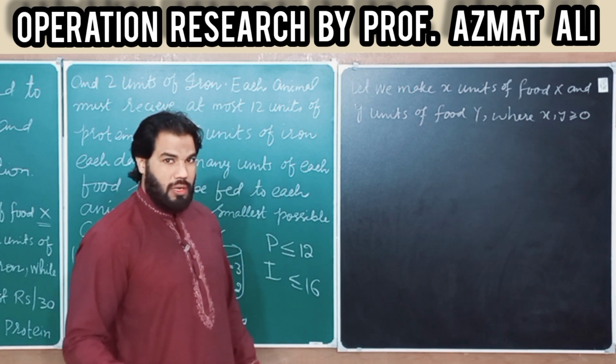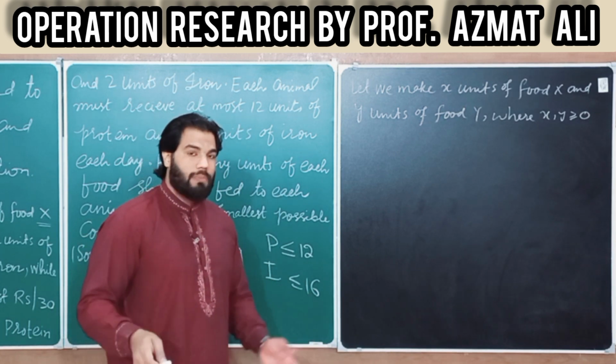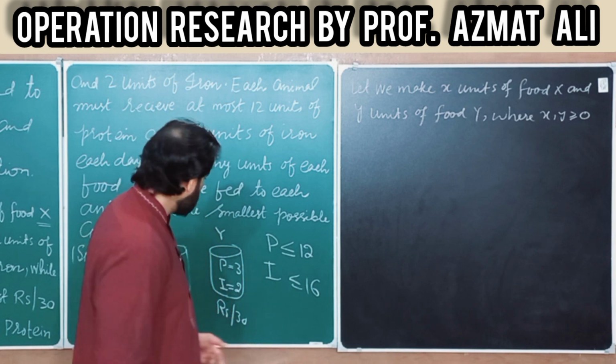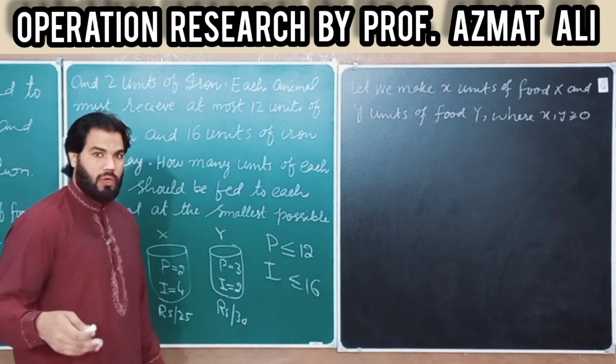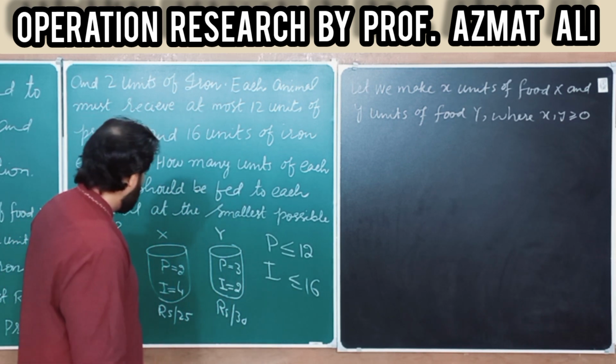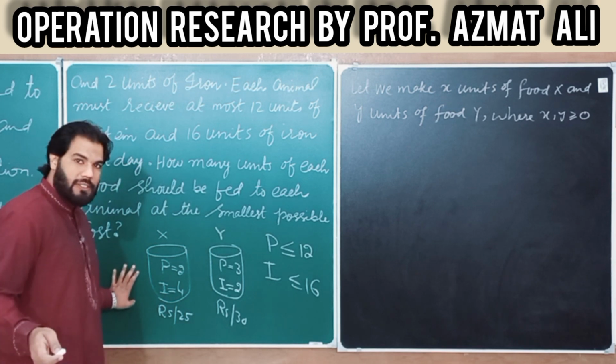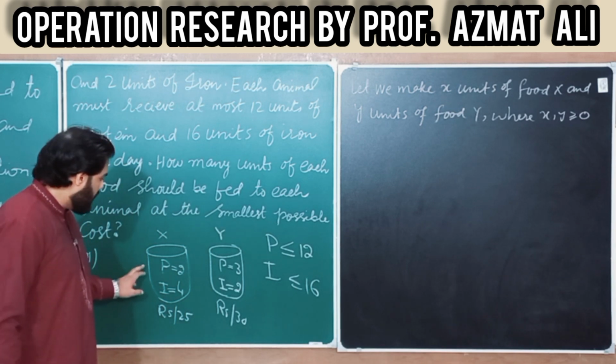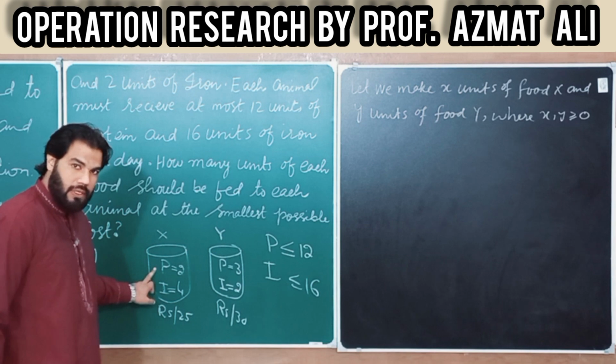Now in our linear programming model, firstly we make our objective function, then there will be two inequalities. One inequality will be related to protein and the second will be related to iron.